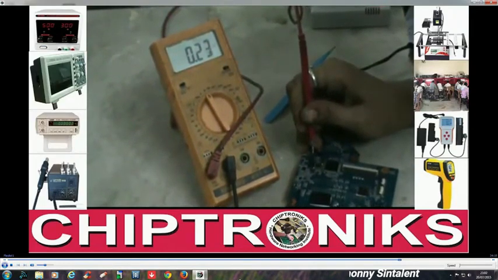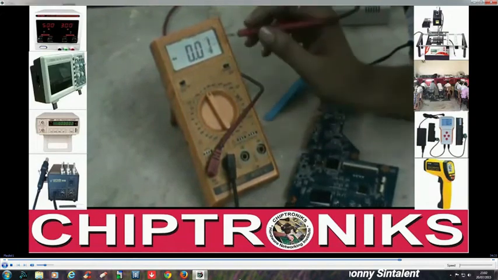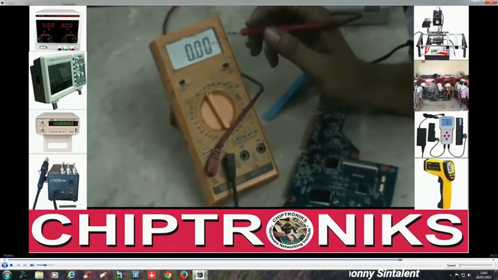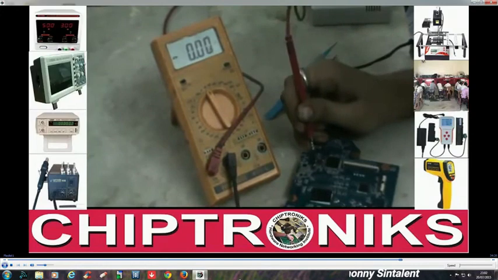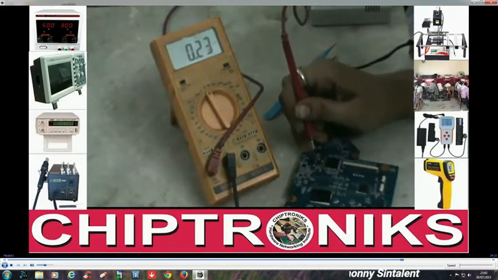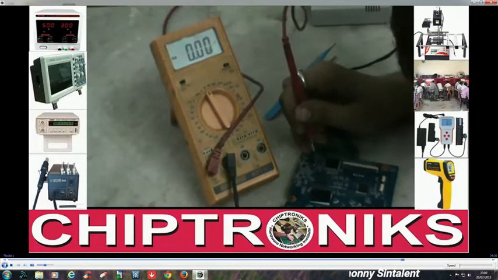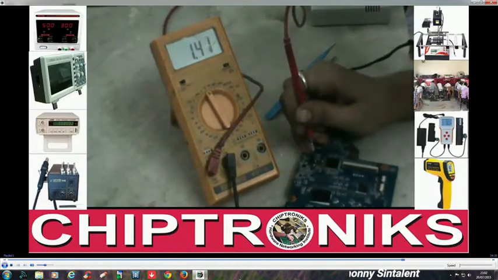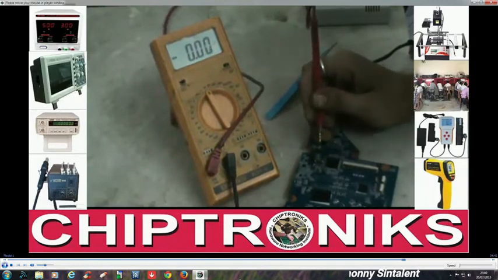Yeah, here before programming, we got 0, nothing, on pin number 5 data, and pin number 6, let's check pin number 6, same voltage 1.4, and let's see pin number 2.